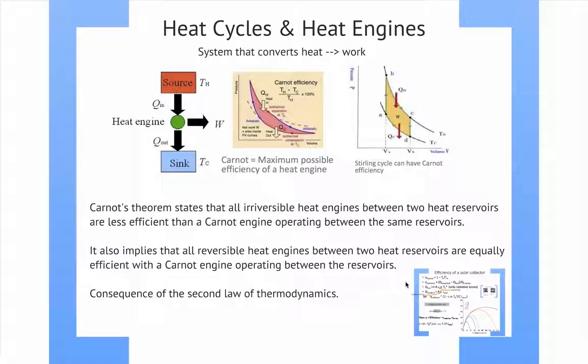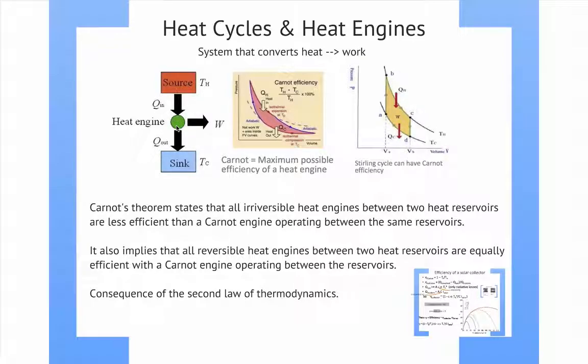So now let's look at some examples of heat engines and cycles. A heat engine can be abstracted into a system that converts heat to work, in a form like this, where you have a hot source at a high temperature TH, which is sending heat into the system.